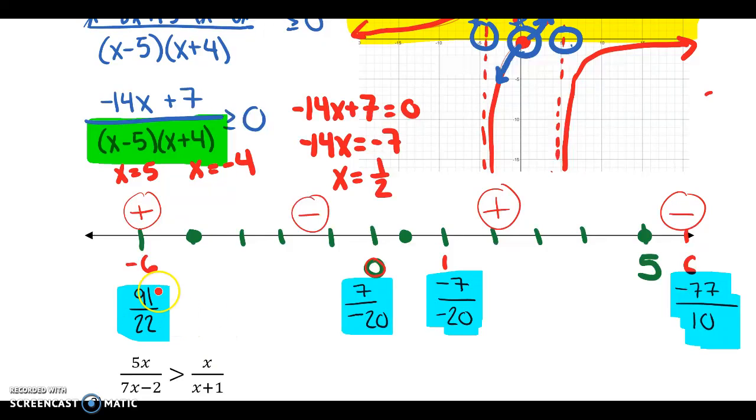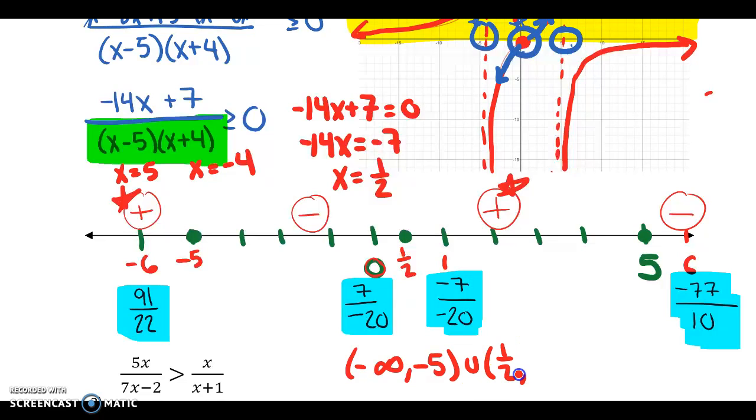So my intervals would include this one, and that's it. So anything from -infinity to -5. And then anything from 1/2 to where it just stopped at 5.